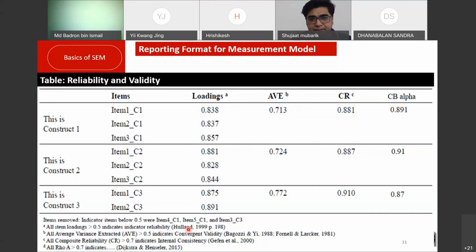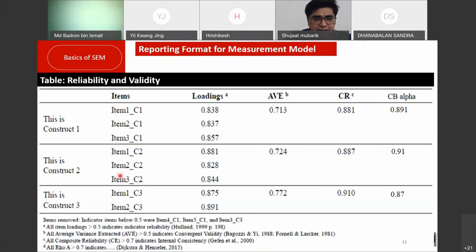But truth be told, in research papers, a factor loading less than 0.50 is not encouraged. So I suggest you keep the factor loading minimum value at 0.50 or more. Whatever is less than that, even if it is 0.45 or 0.46, can be removed by looking into your question.